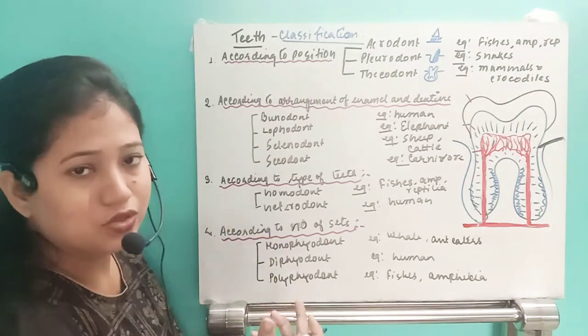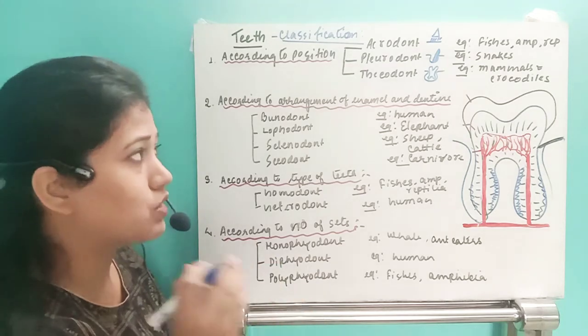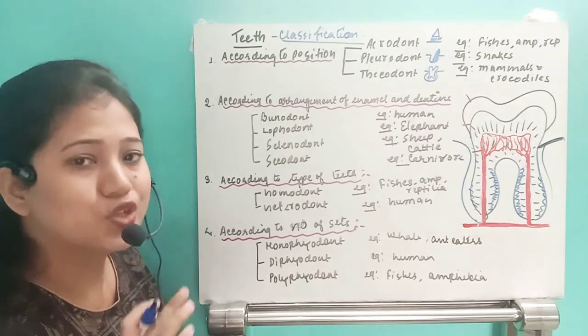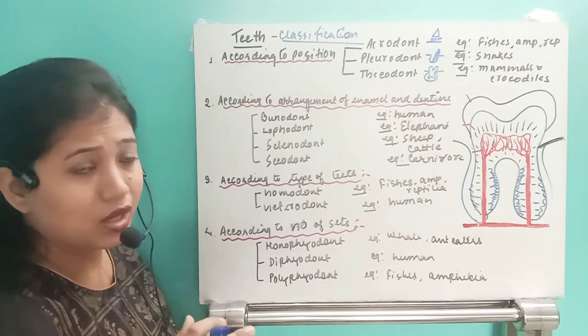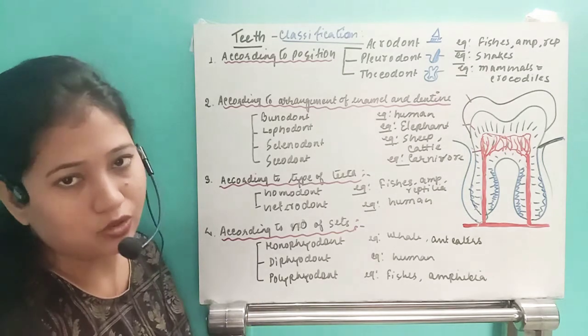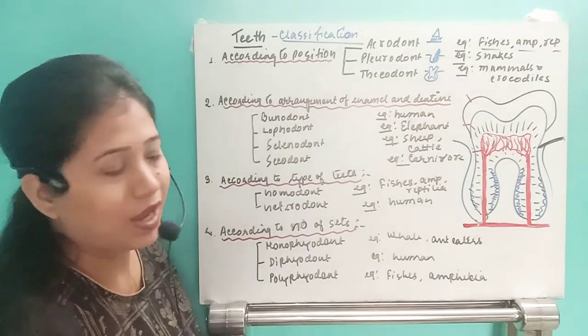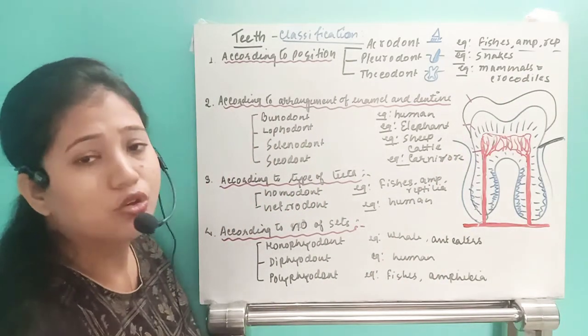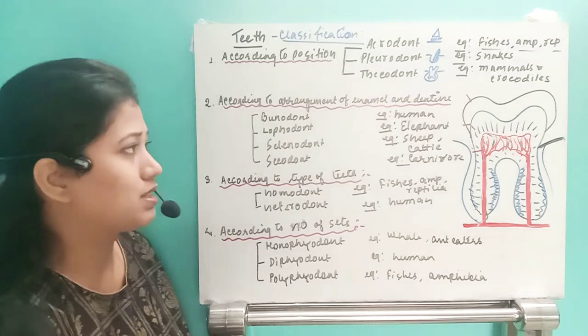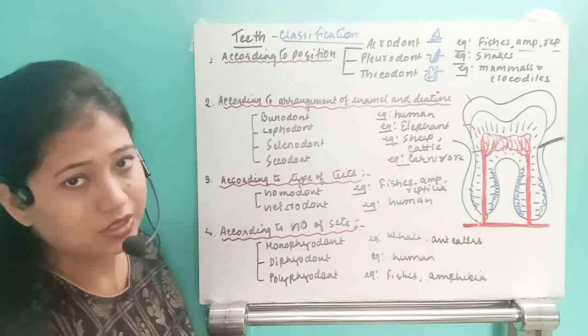The teeth which are just superficially attached by a fibrous connective tissue are called the acrodont type of teeth. Fishes, amphibians and reptiles have acrodont type of teeth, but not all reptiles. Crocodile is one exception which has the thecodont type of teeth.